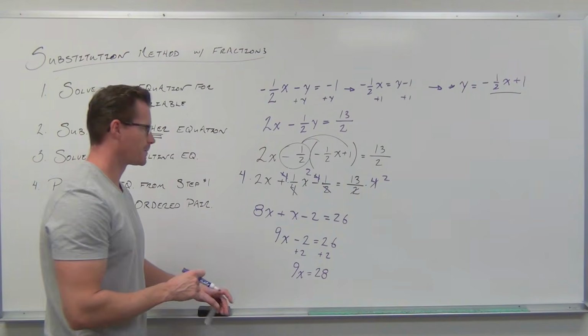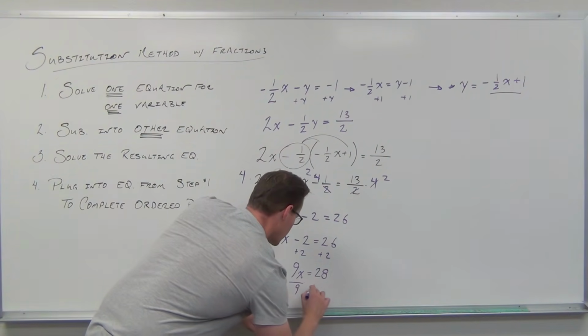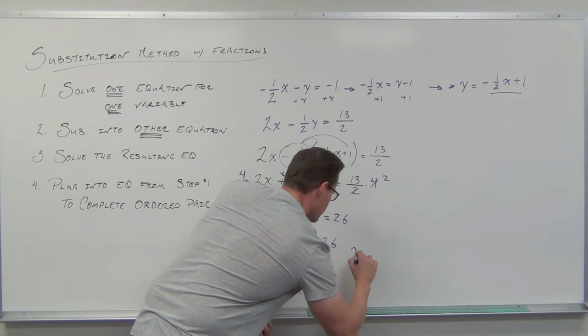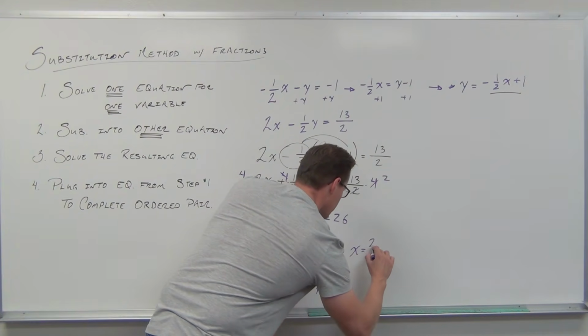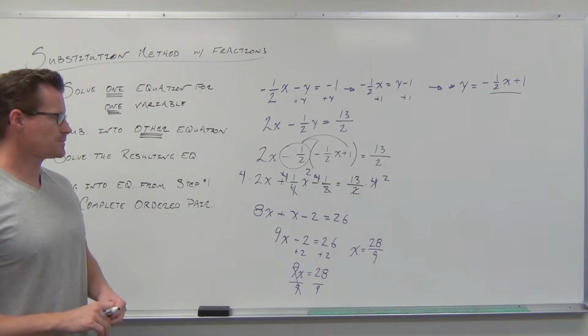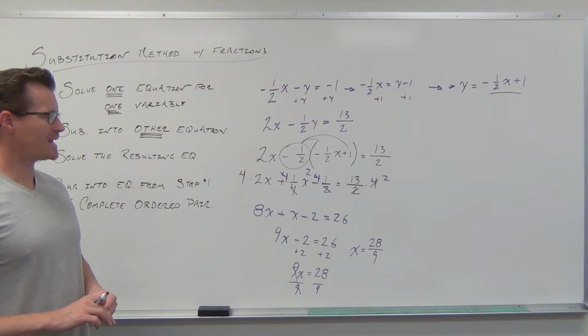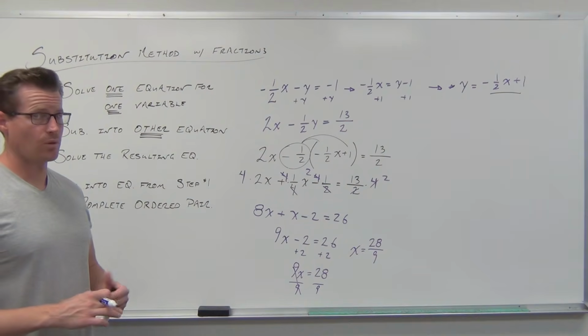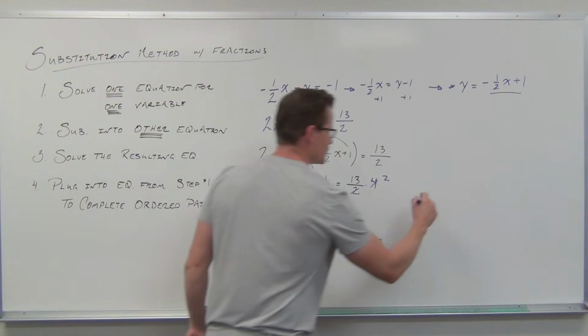Nasty. All right. X equals 28/9. Well, we have half our point.